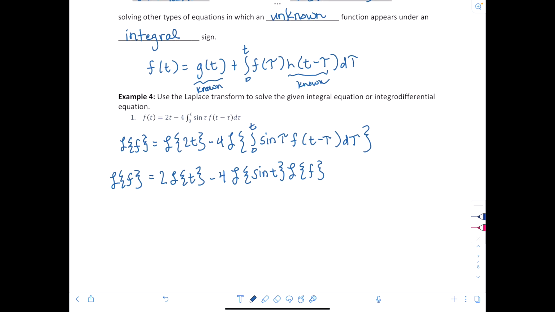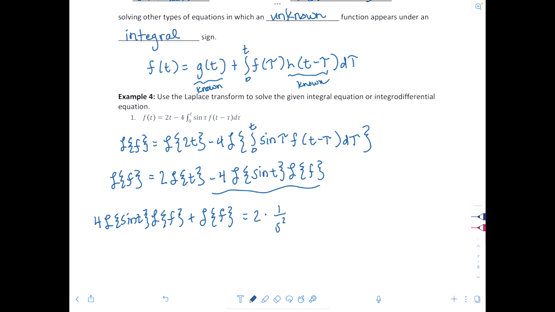So if I add this whole expression to both sides, I will have 4 times L of sine t times L of f plus L of f equal to 2 times L of t, which will be 2 times 1 over s squared, because L of t is 1 over s squared.